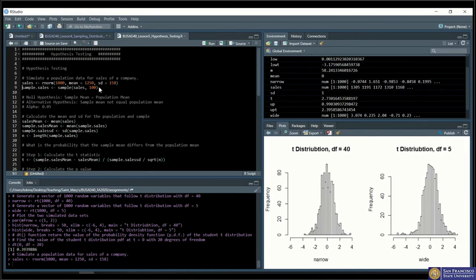I would also like to select a small group of samples from these 1,000 points. In this case, I'm selecting only 10% of the total, which is 100 observations from the 1,000 population data, and I call this sample.cells. I'm going to randomly select the sample here.